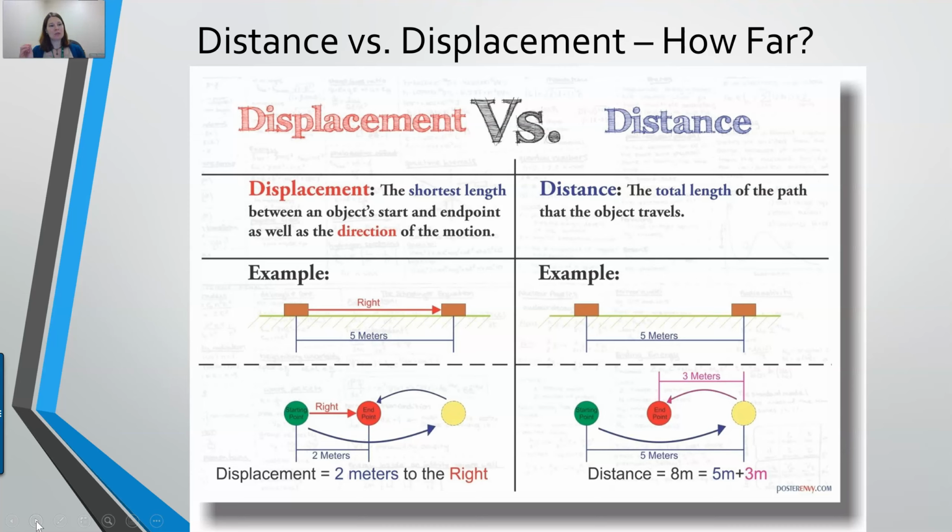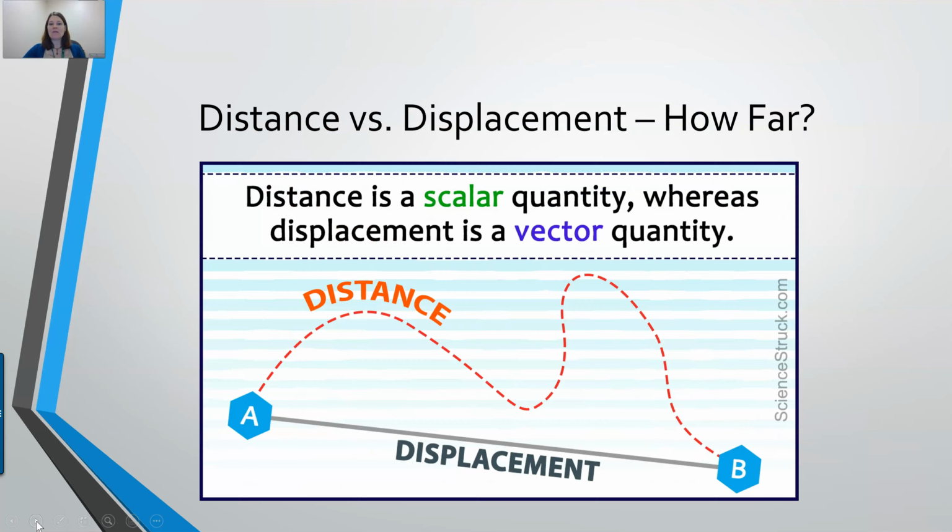Initial position and final position are terms that I'm going to use a lot and you want to know. So you could actually travel a distance of 100 meters, but your displacement is 0 because you started in one spot, walked around for 100 meters, and ended up in that very same spot again. And so that's really the fundamental difference.